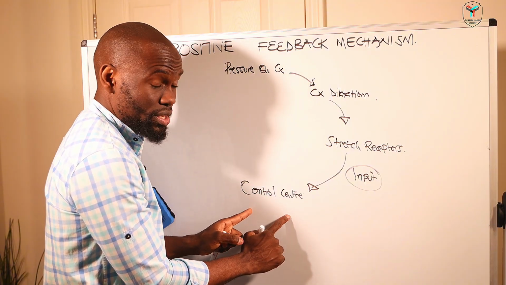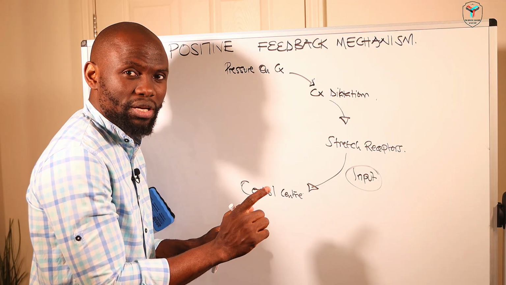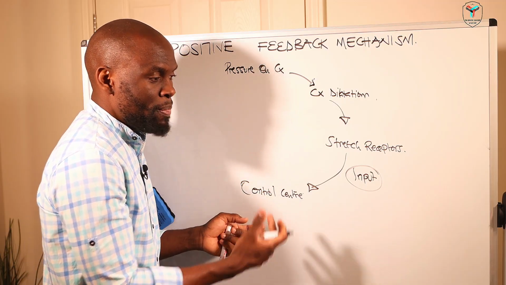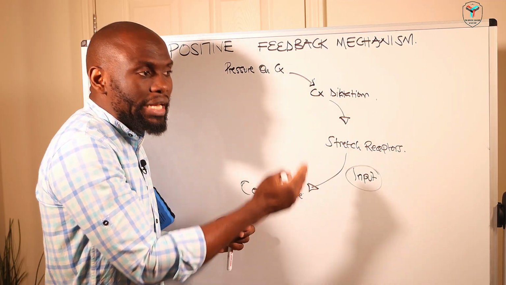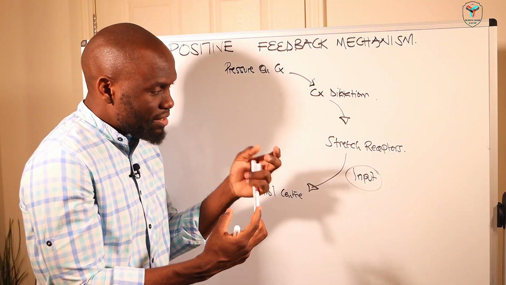So it stimulates the supraoptic and paraventricular nuclei in the hypothalamus to produce the oxytocin. The oxytocin then travels to the posterior aspect of the pituitary gland.